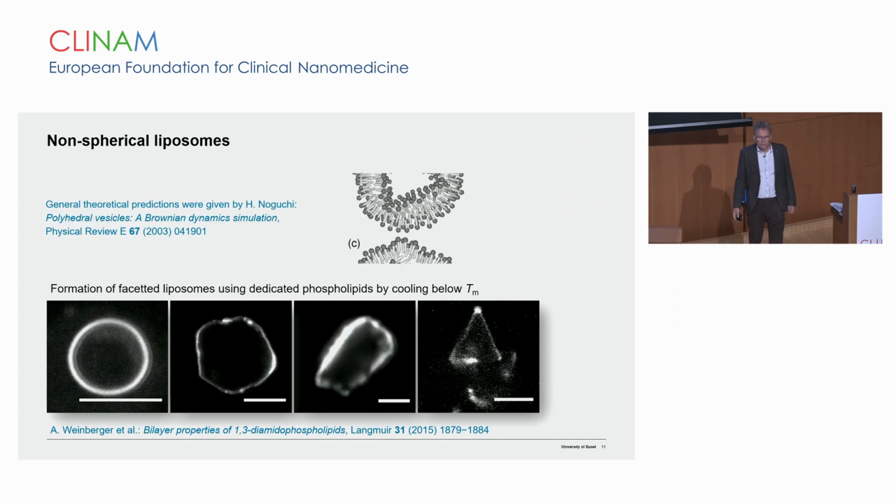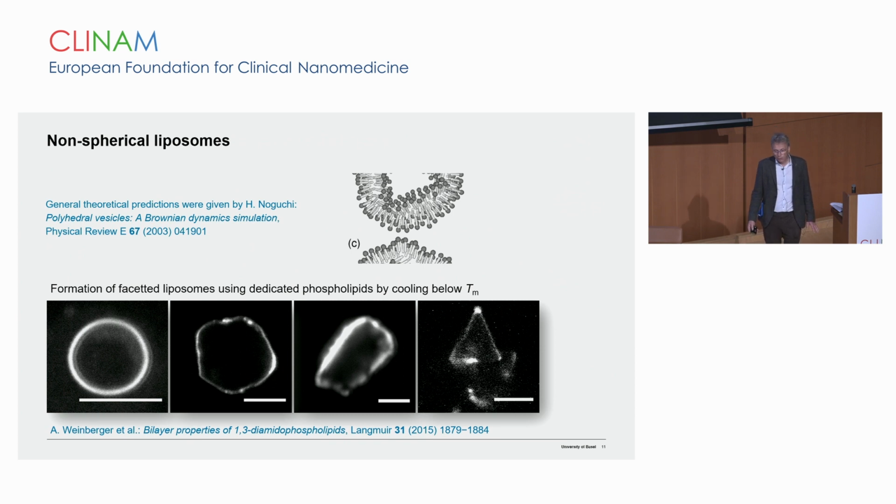The idea was then to take advantage of something that was theoretically predicted, as you see on the top, and we wanted to have something that is non-spherical. I have to excuse that the image on the right is not the one I intended to have, but it does show that there could be some disorder and then faceted liposomes can be formed, as demonstrated here by Dr. Weinberger as one of the examples.